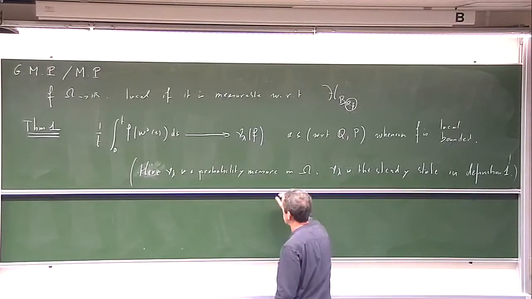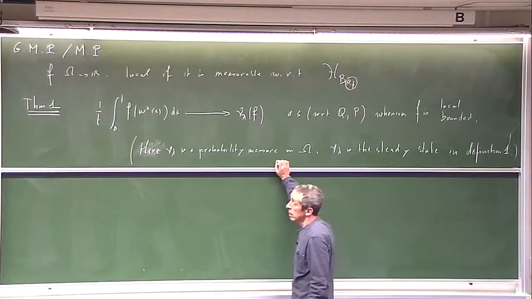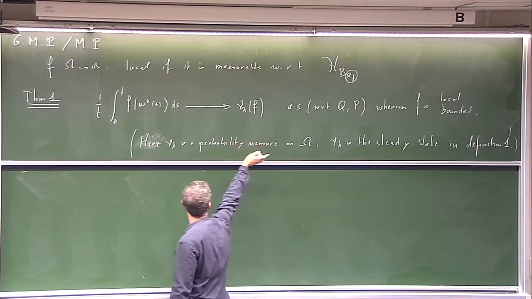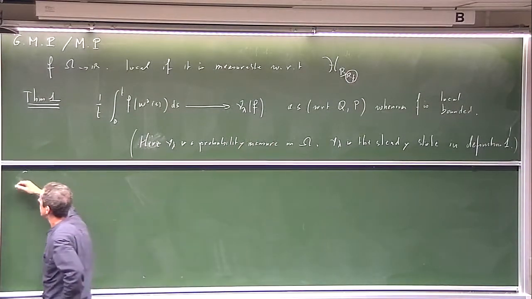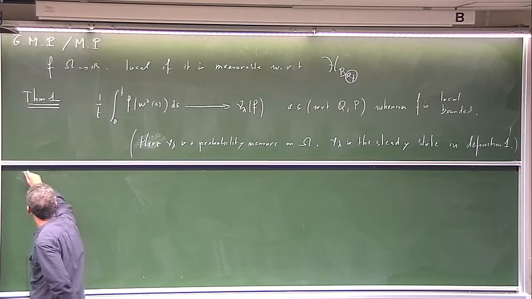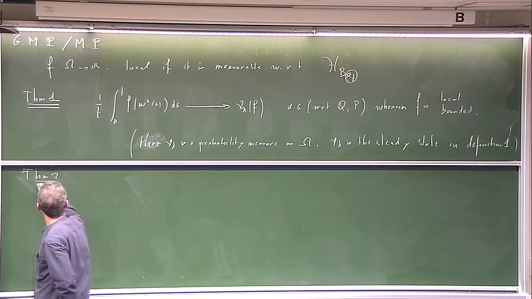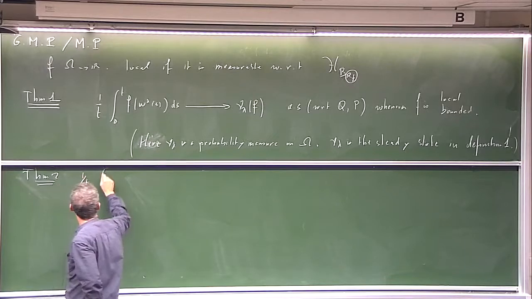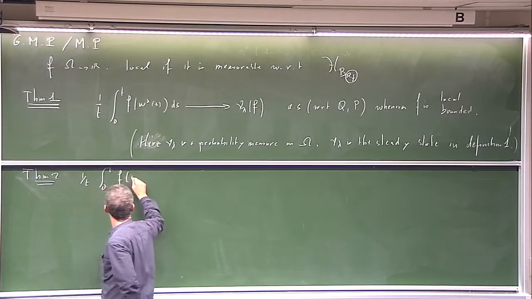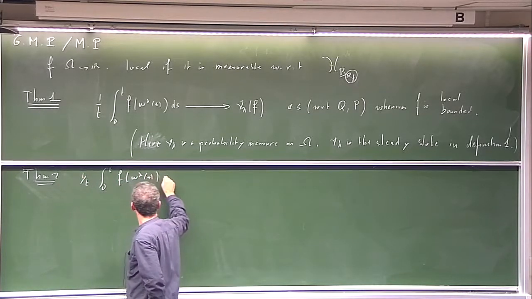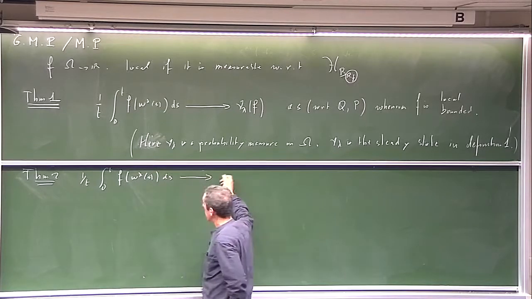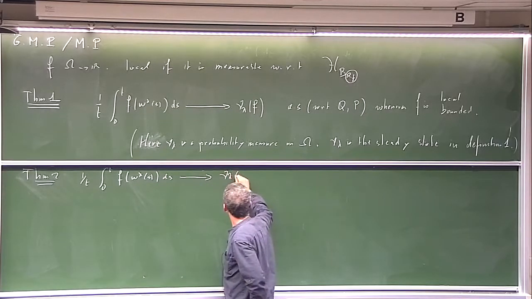Then there is another statement which is the same thing, but instead of dealing with functions, we deal with elements in H-1. So let's write it. Theorem 2, same thing. 1 over t, the integral from 0 to t of f of omega lambda of s ds converges to something. And then I write nu lambda again.